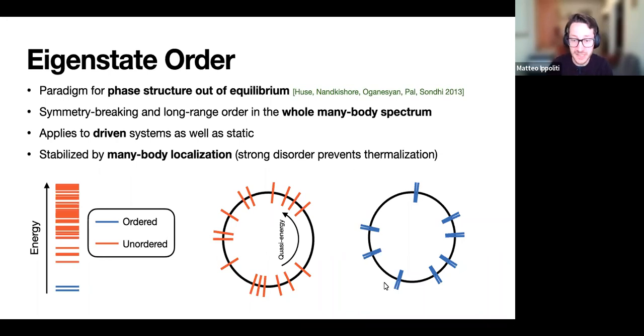So it's possible to have spectra of periodically driven systems where all of the eigenstates on the circle are in fact ordered. And I'm schematically showing them here with some kind of degenerate multiplet to show that these might have symmetry breaking. And so you can have multiplets of symmetry breaking eigenstates that are across the spectrum.